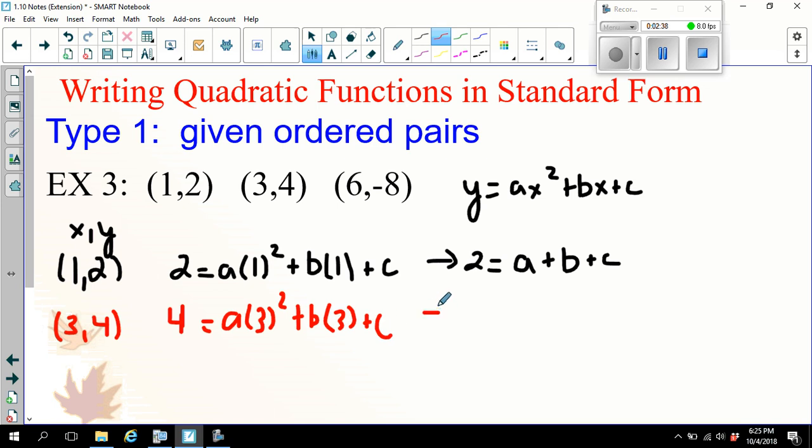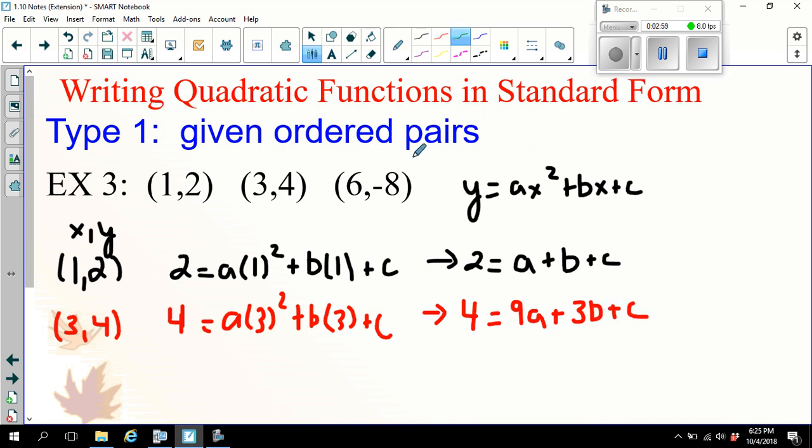Okay, so now we have to rewrite this. So 4, we just still have that. Now we do have to do 3 squared. That gives us 9. So we now have 9a. And then b times 3 gives us plus 3b. And then plus the c.